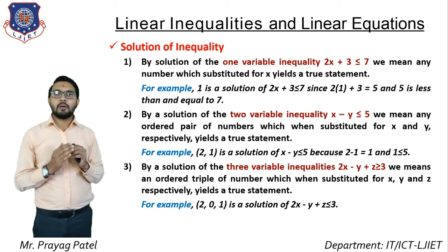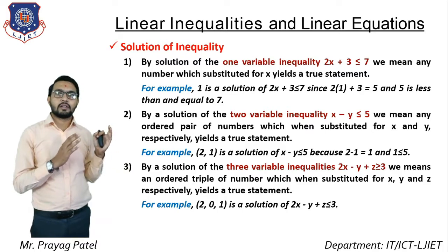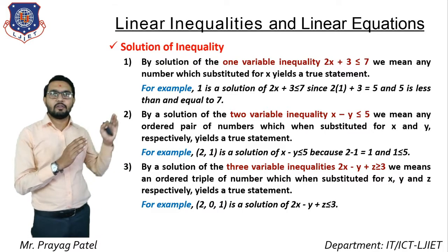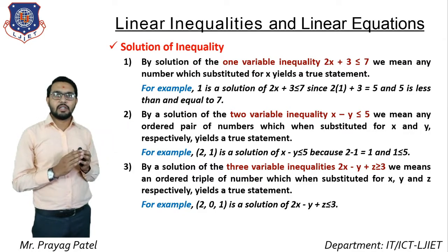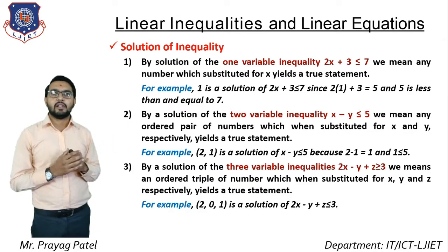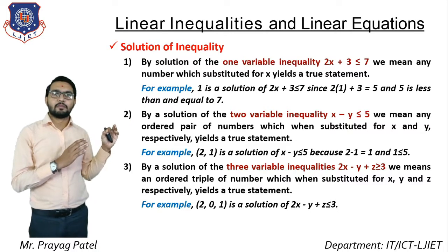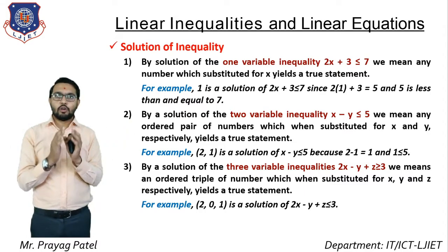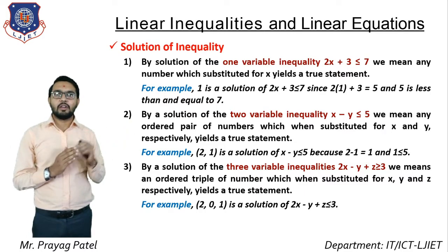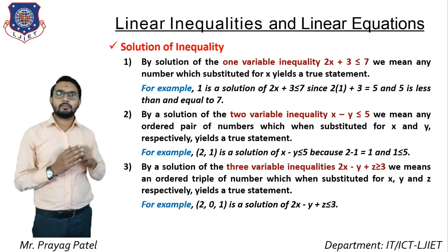Any number substituted for x that satisfies the condition is a solution. Consider x as 1, then 2 into 1 plus 3 is 5, which is less than or equal to 7, so the condition is satisfied. So the solution for the one unknown x is 1.